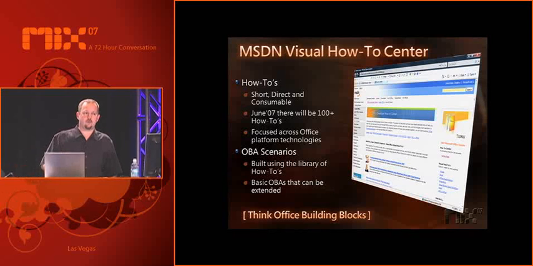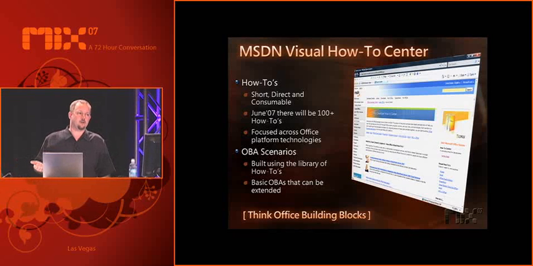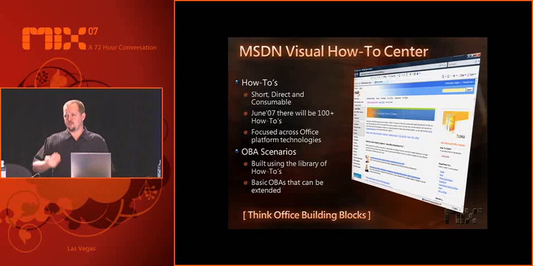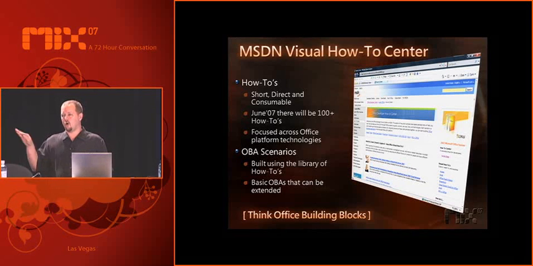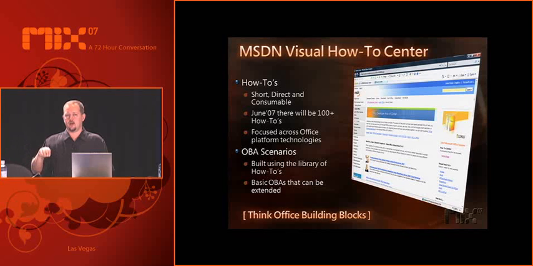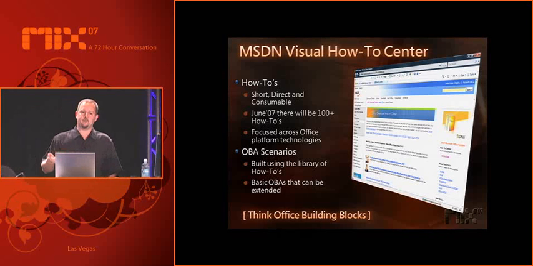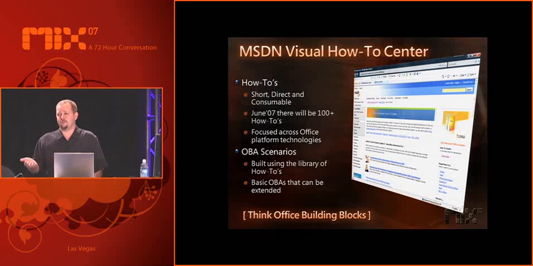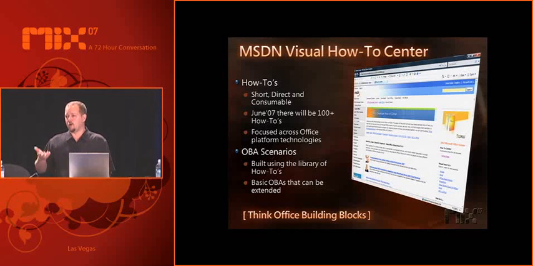By the end of June, we'll have over 100 of these available, and it's all about different ways of developing Office 2007 solutions. The whole point of this site is to be very fast and very quick in helping you develop stuff. I mean, how many people here really have time to read a 50-page white paper and go through several hundred lines of code to figure something out?